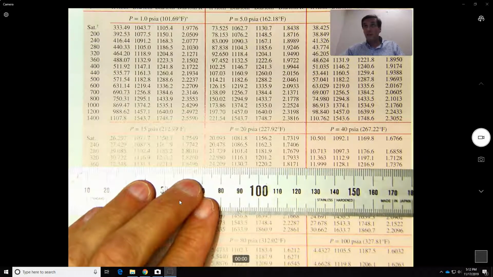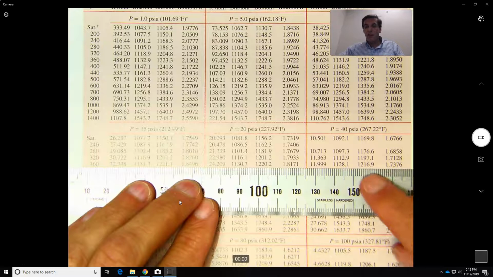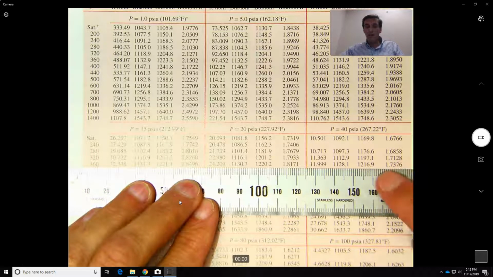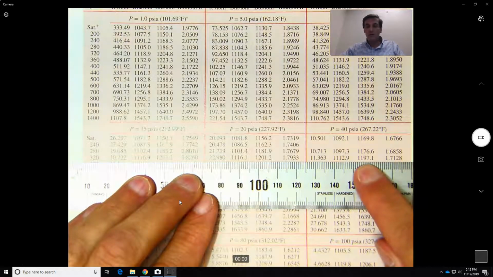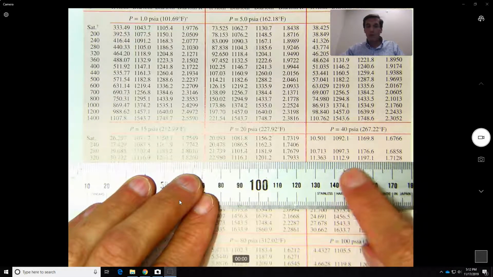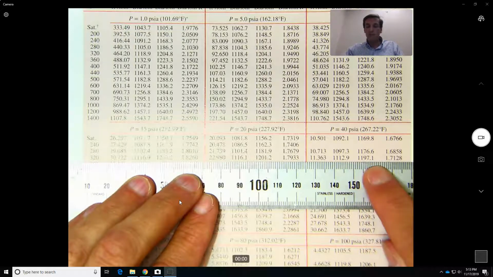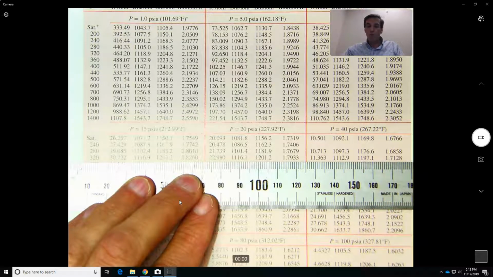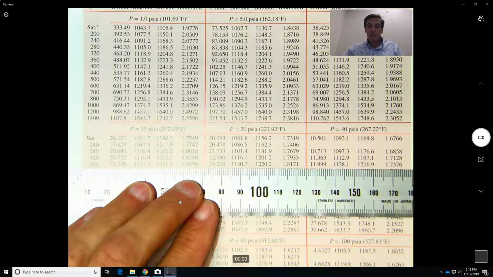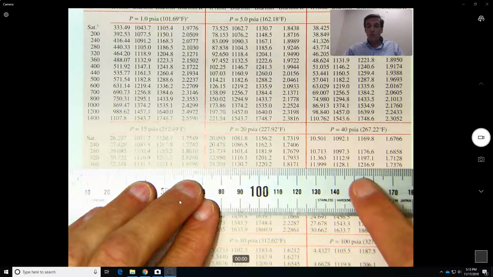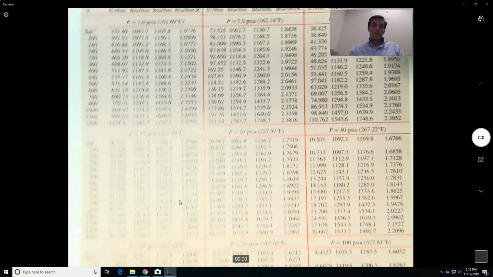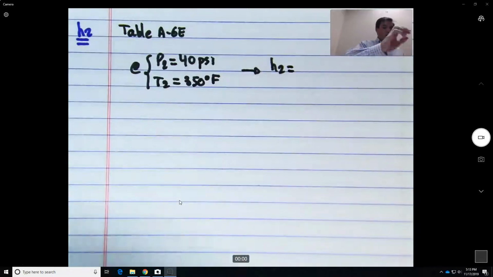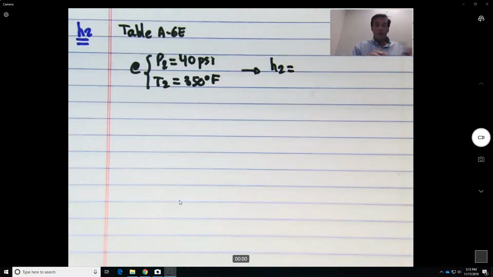So we need to look at the values for H and really S for the second part. So for T equal 320, we have H equal to 1197.1, and S equal 1.7128. And at 360, we have H equal to 1216.9 and S equal to 1.7376. So let us write it down, because we probably have to interpolate over here.